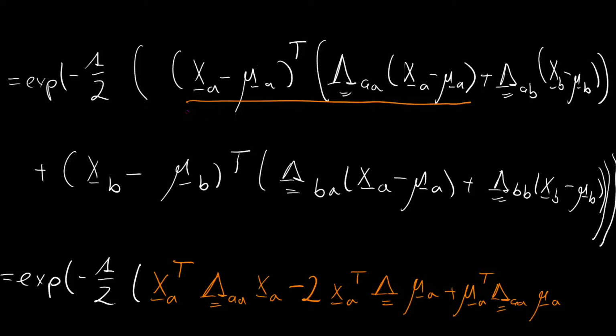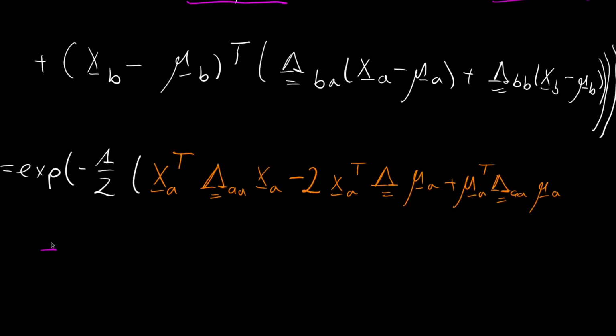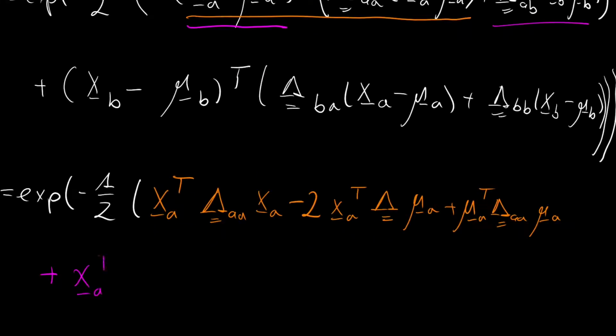Then let's go for this term, which is the common factor multiplied with the next submatrix and these two subtractions of the vectors. So we will get a plus x_a transpose, then submatrix lambda_ab times x_b minus x_a transpose lambda_ab mu_b.